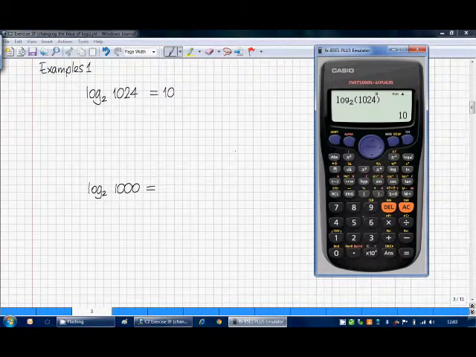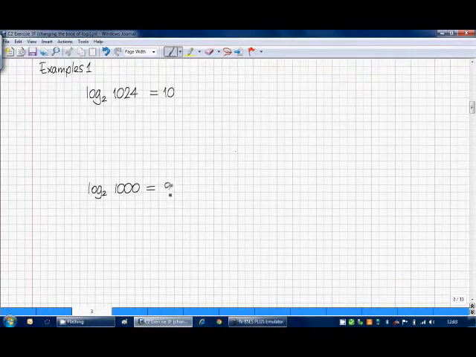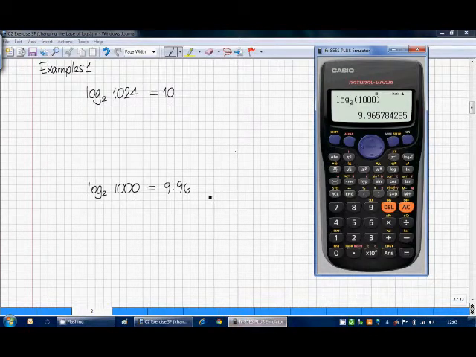So log base 2 of 1000 was 9 and a bit, in fact 9.9 if I remember rightly. Let's see what that says. Yeah, 9.96 and some small change, 5784285.